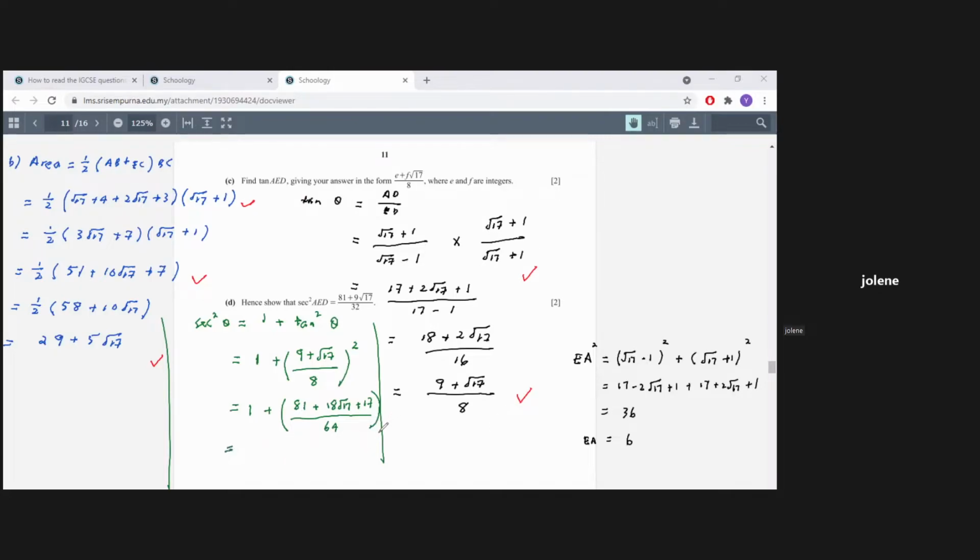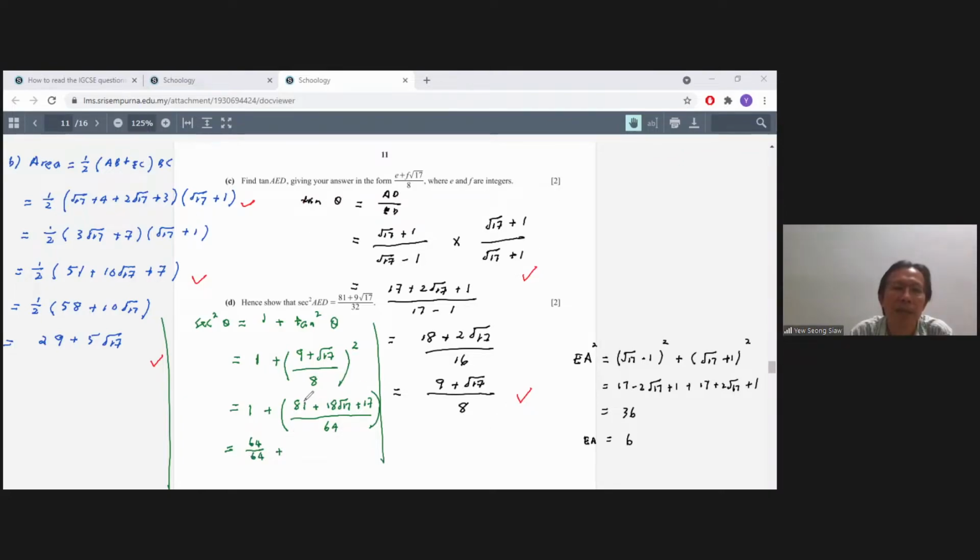Equals to 64 over 64 plus 81. 81 and 17, can you add together? 98.